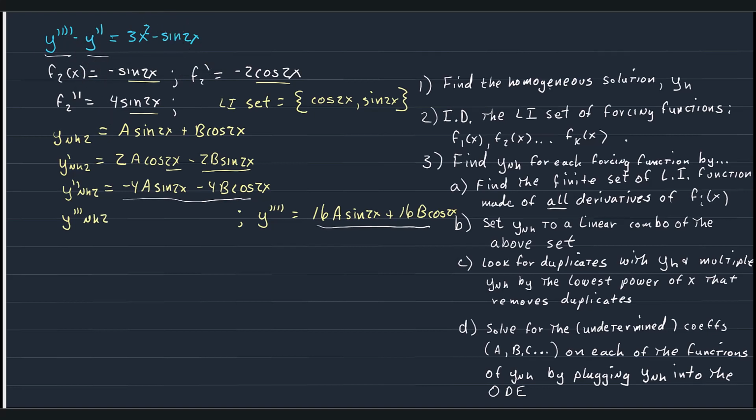When we plug those in, we get 20a sine 2x plus 20b cosine 2x is equal to minus sine 2x. And so again, we have to collect like terms of linearly independent functions.